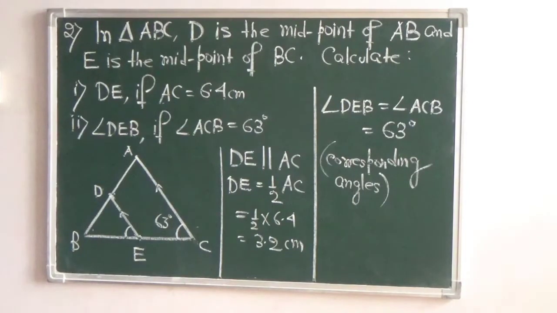So this is question number 2. It is simple, the two questions just give an idea about the application of the midpoint theorem. Then moving on to the next question, we have question number 3.